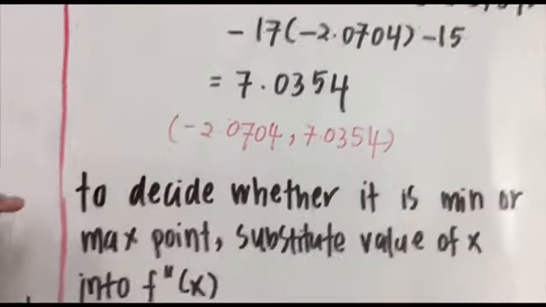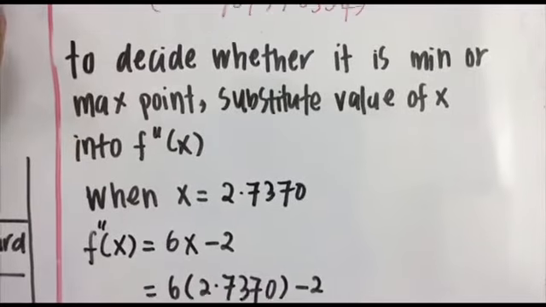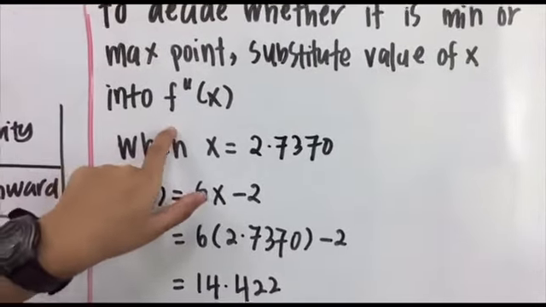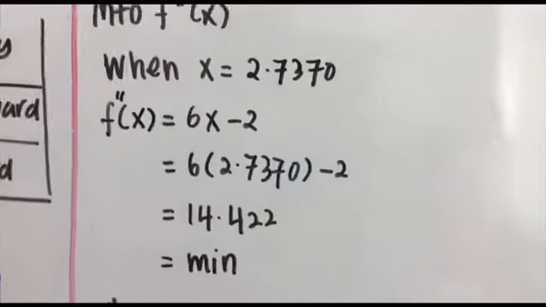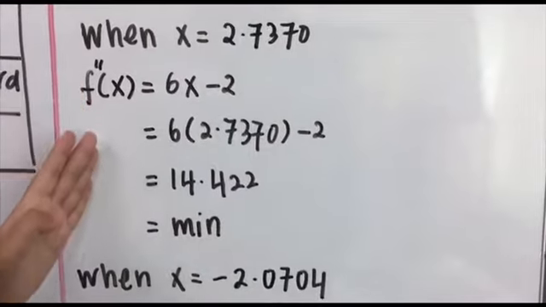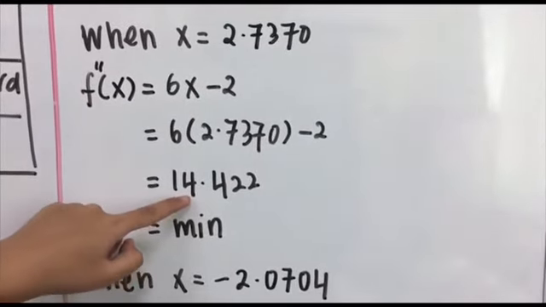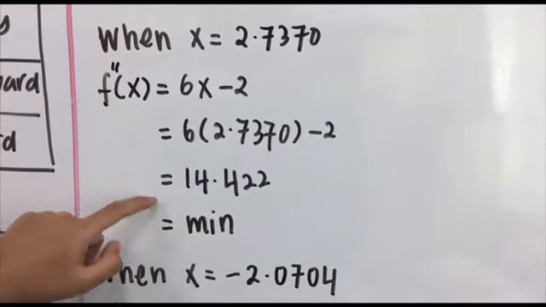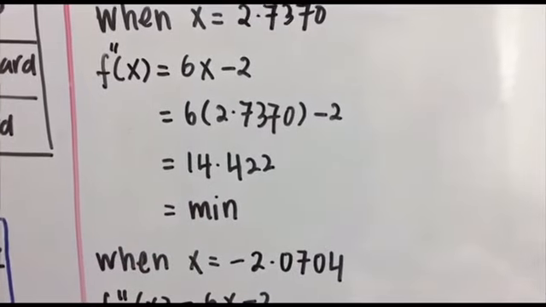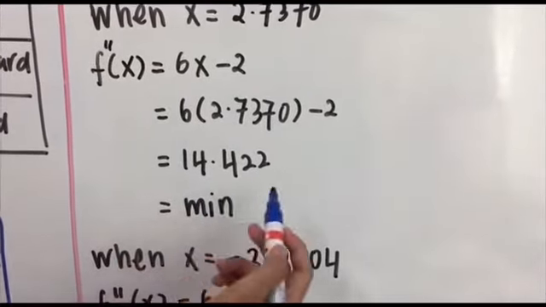To decide whether it is a minimum or a maximum point, we substitute the value of x into the second derivative of f(x). When x is 2.7370, we get 14.422, which is a minimum point because it is positive.